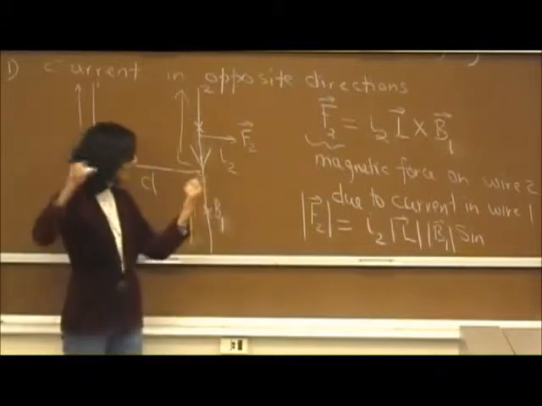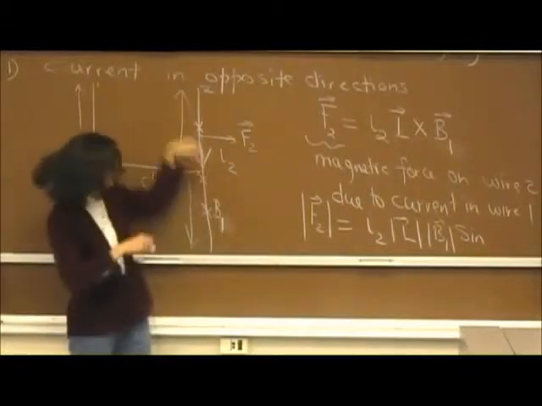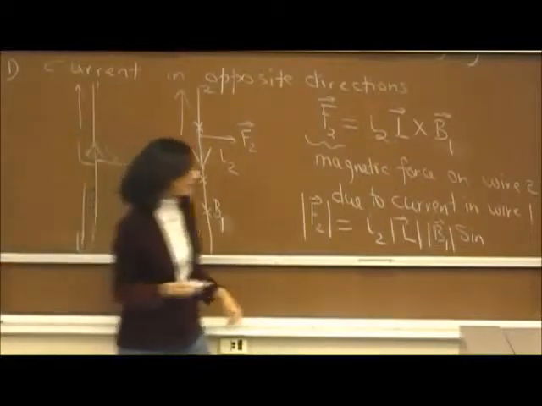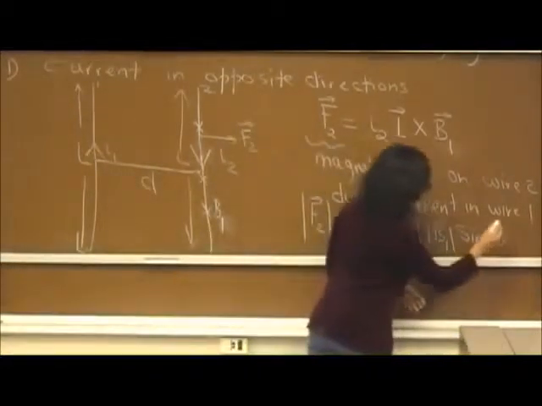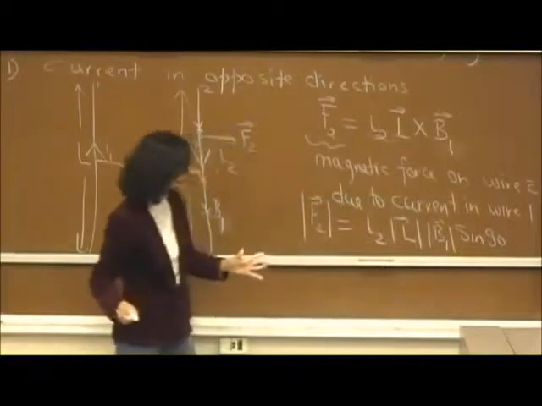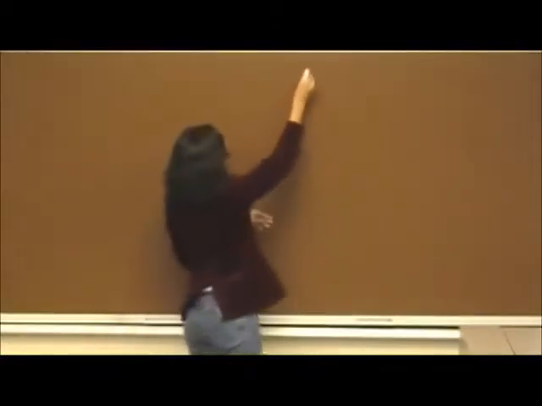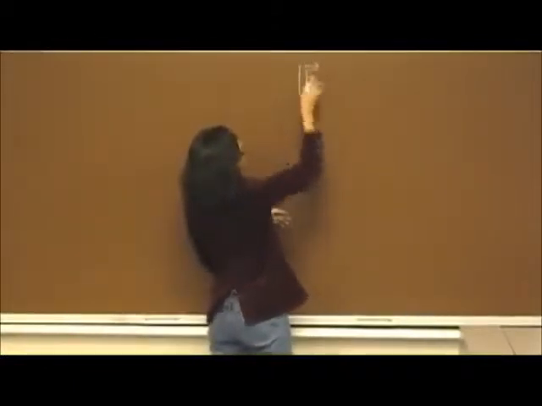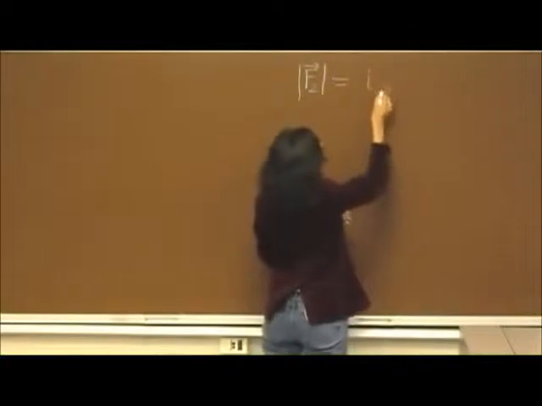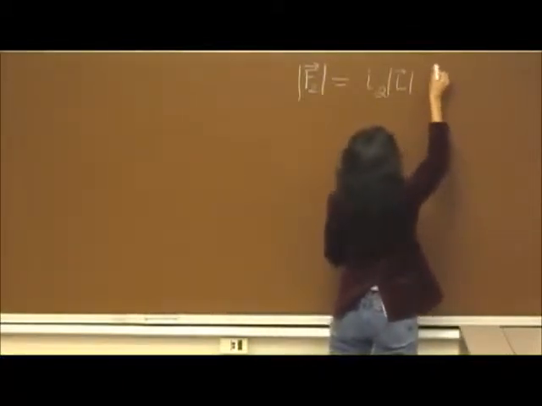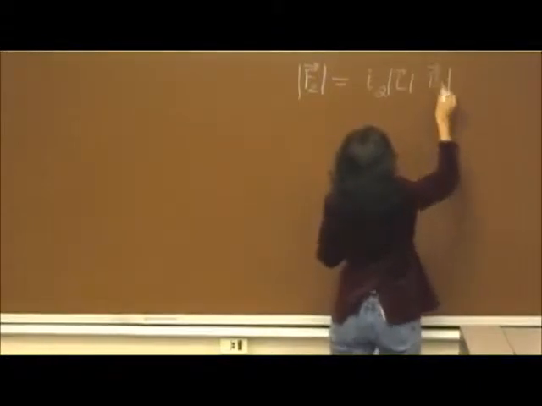Look, B1 is pointing into the board, right? L is in the plane of the board. The two things are perpendicular to each other. So this is just sine 90, which is 1. So what we find is that the magnitude F2 will be equal to I2 times L times B1 magnitude.